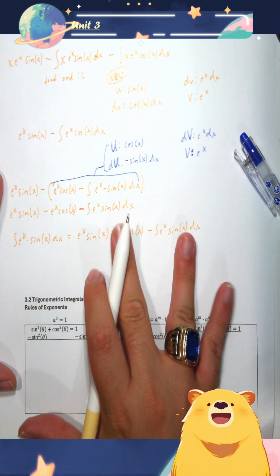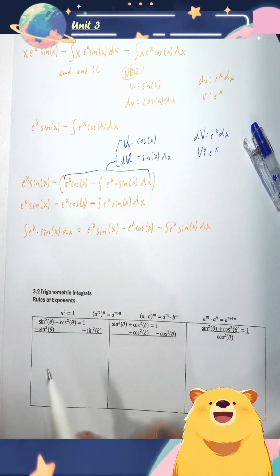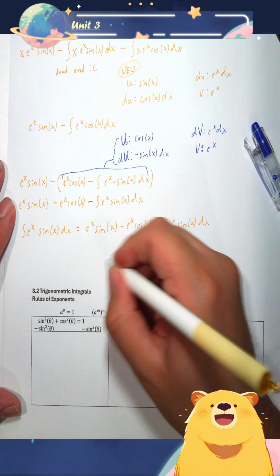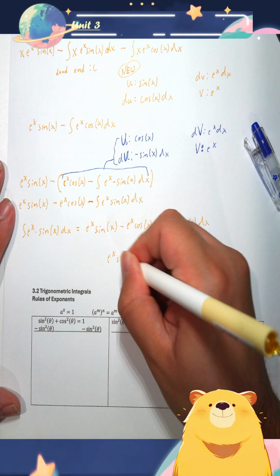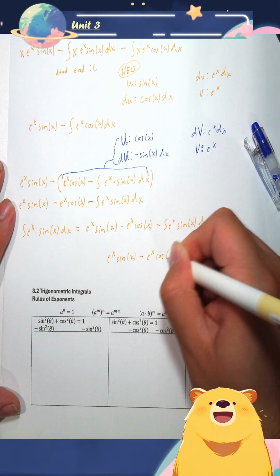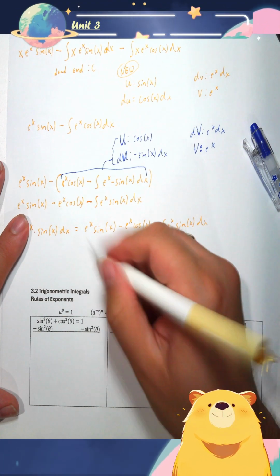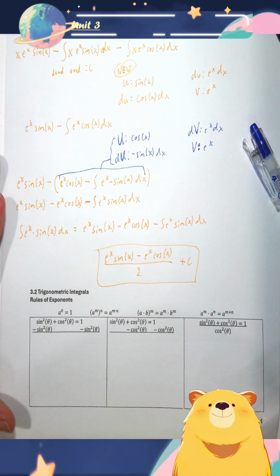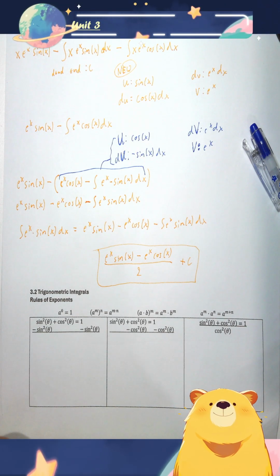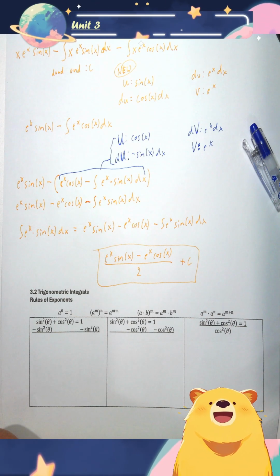If I take it to one side and divide by 2, since I'll have two of these integrals, my final answer should be e to the x sine of x minus e to the x cosine of x, divided by 2, plus a C. All right, now keep this in mind.